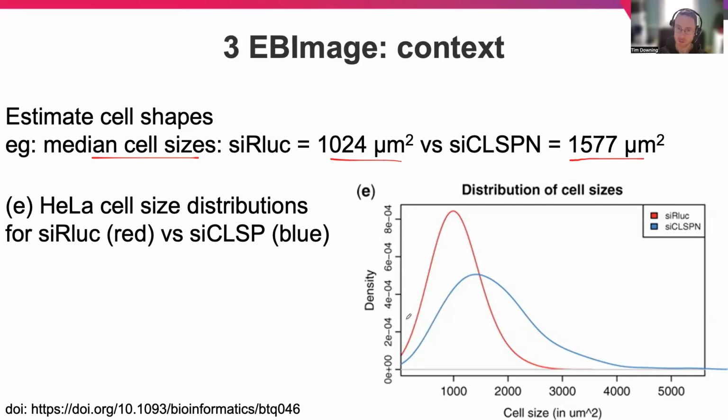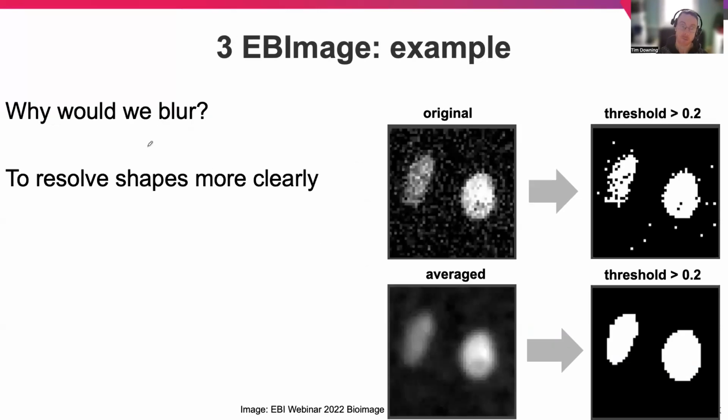And we can look at the distribution of cell shapes and their frequency on the y-axis and the sizes here on the x-axis. So you can see here there's a clear difference between our treatment and control. Definitely the treatment ones are larger. We can also consider we may have blurry images, and therefore we can think about how to optimize these images to interpret the shapes more clearly.